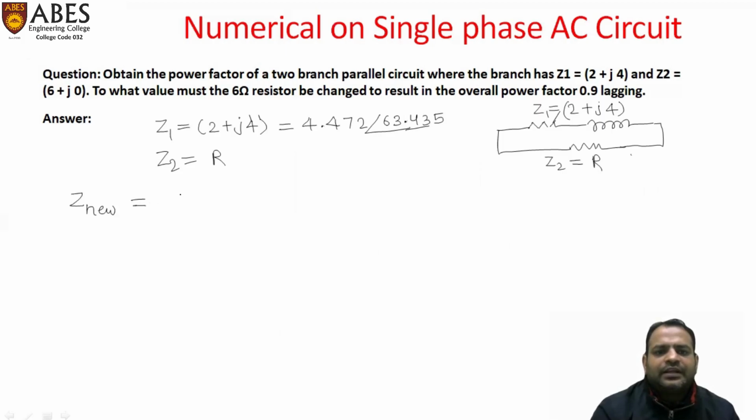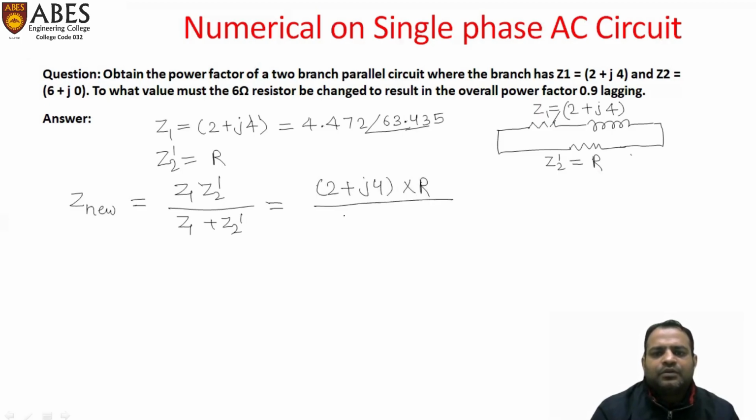Z new again Z1 Z2 dash upon Z1 plus Z2 dash. So this is 2 plus j4 into R upon 2 plus R, the real part, plus j times 4.